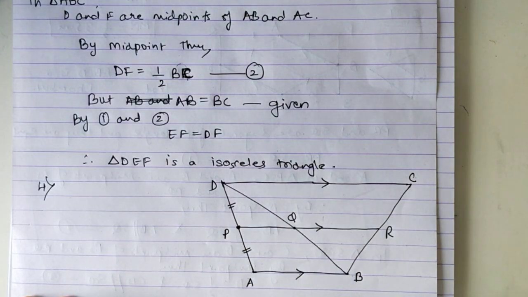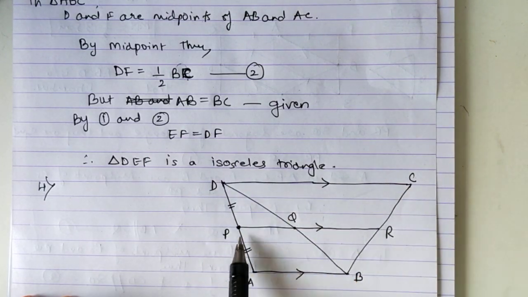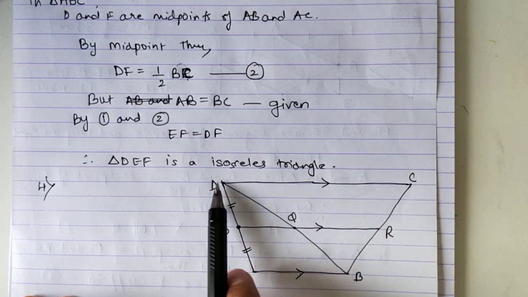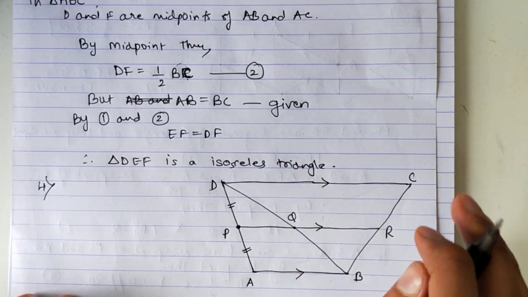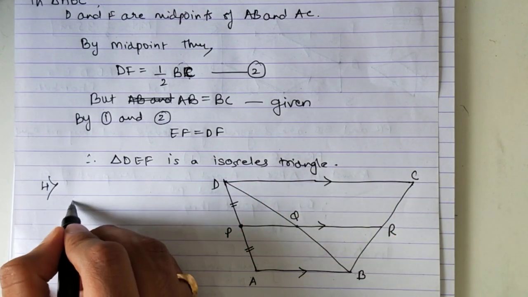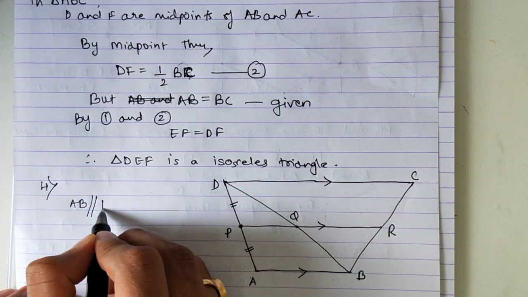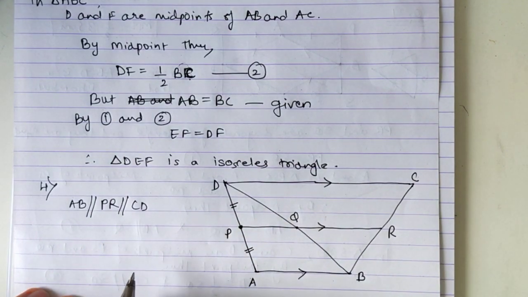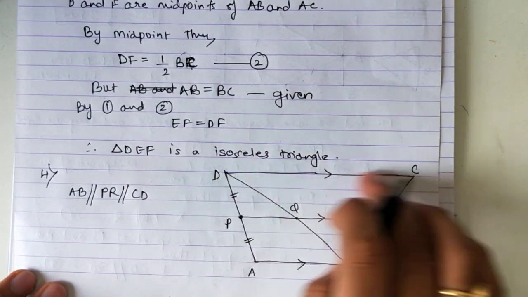And PR is parallel to AB. See, first AB is parallel to DC and PR is parallel to AB. That means in short I can say all these three lines are parallel. So we have the conclusion that these three lines are parallel. So I'll write here AB is parallel to PR is parallel to CD. These three lines are parallel.